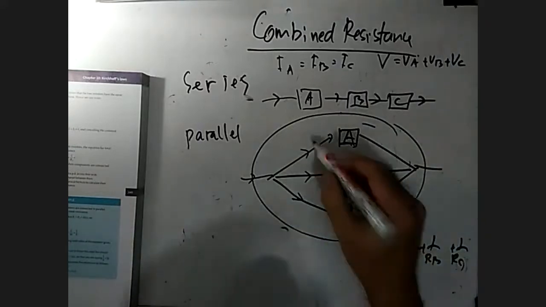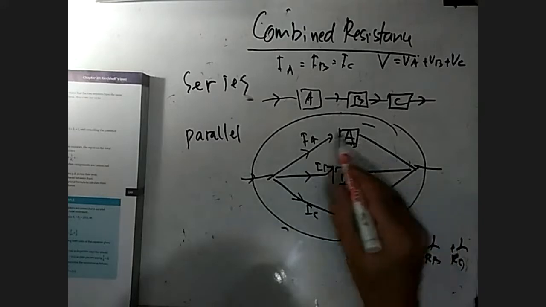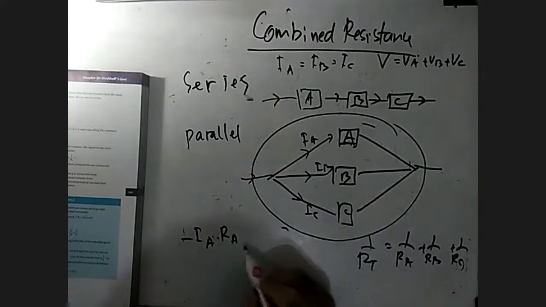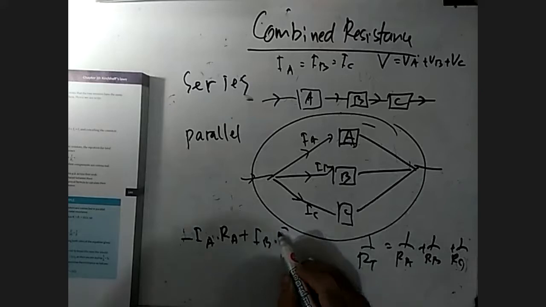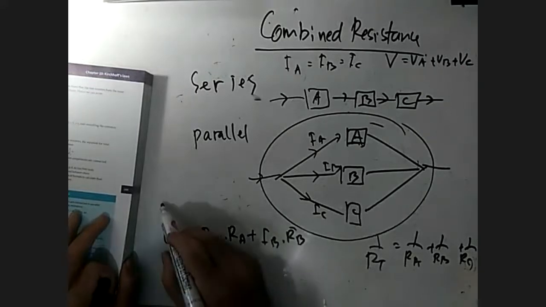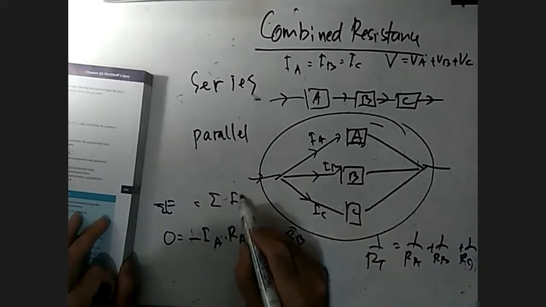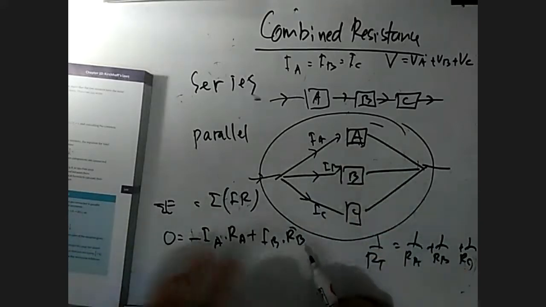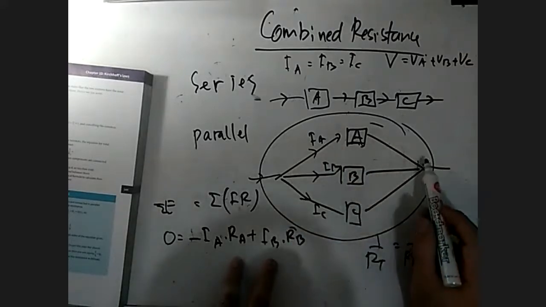If this is current A, current B, and current C. Going through A here, I'm going against the current, so negative IA times resistance A plus IB times resistance B. This is the total of I times R, and that's going to be 0 because there is no EMF here. On the right hand side, this is negative because I go against, and this is positive.